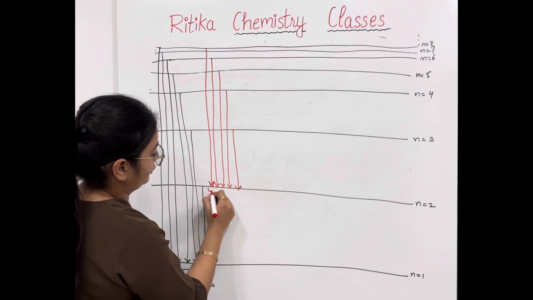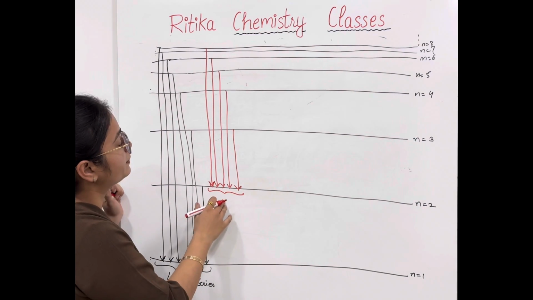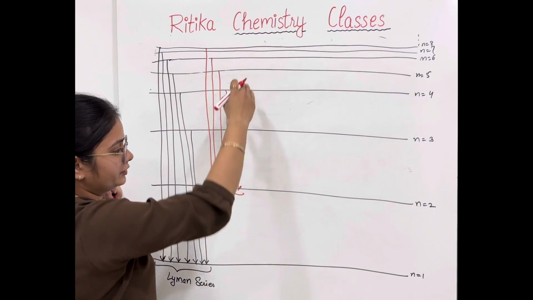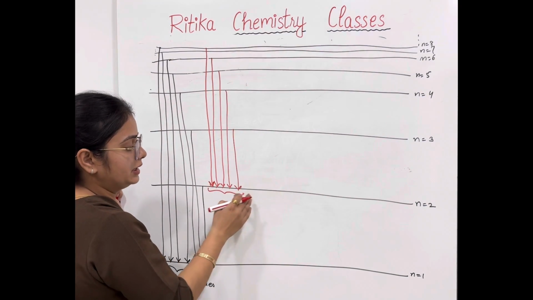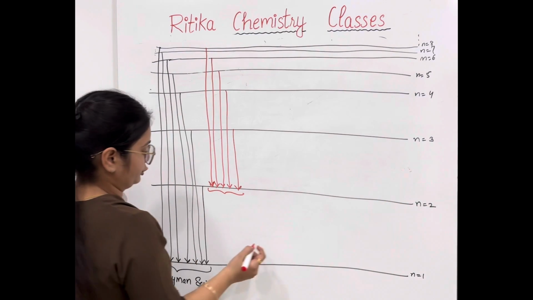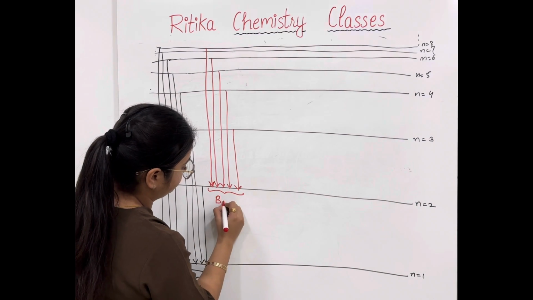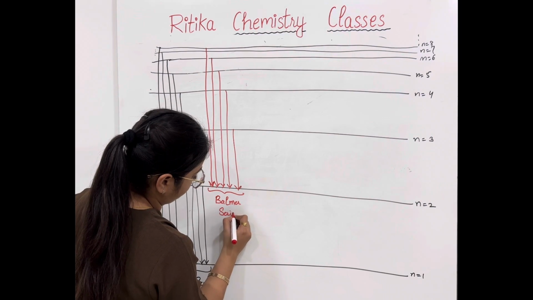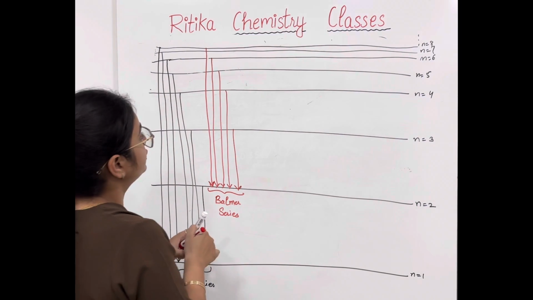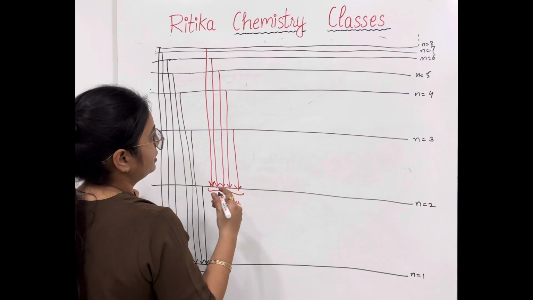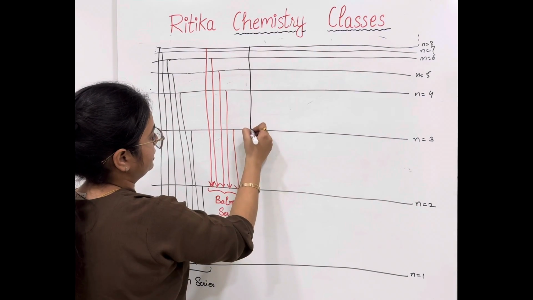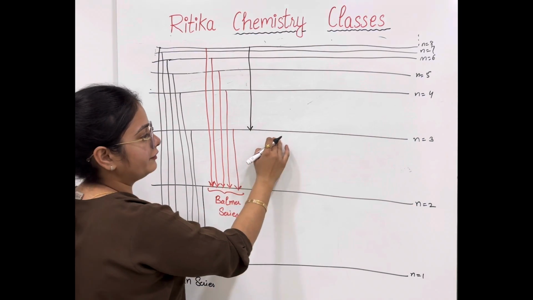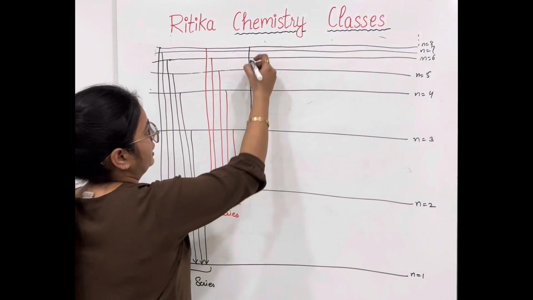These sets of lines, which are the transitions of electrons from higher energy levels to energy level n equals 2, are known as the Balmer series. It is also possible that electrons from higher energy levels come back to the lower energy level having n equals 3.